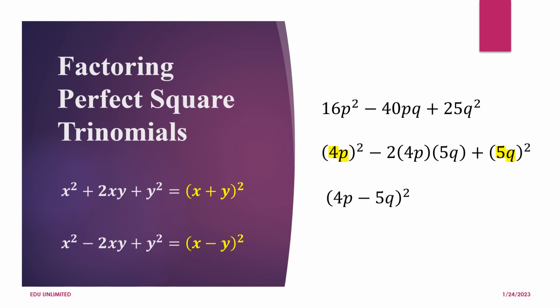As we continue factorization, now let's look at factoring perfect square trinomials. We utilize the formats in purple on this side to read x squared plus 2xy plus y squared is equal to open bracket x plus y close bracket all squared, or we can utilize x squared minus 2xy plus y squared to equal open bracket x minus y close bracket all squared.